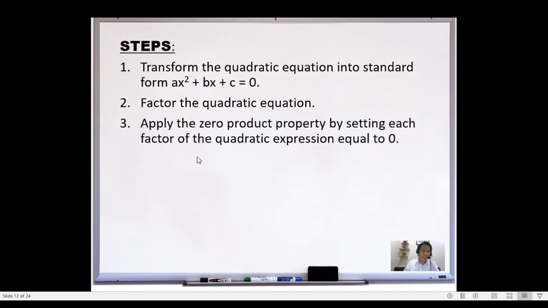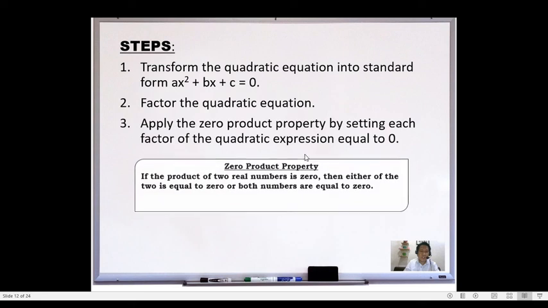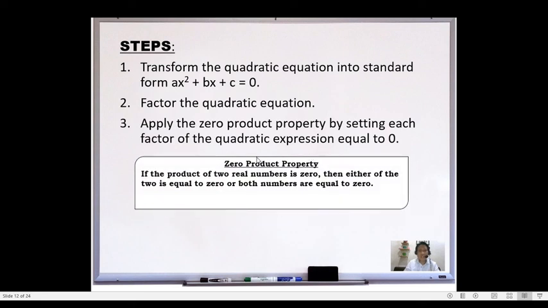The third, we are going to apply what we call the zero product property by setting each factor of the quadratic expression equal to 0. So the zero product property states that if the product of two real numbers is 0, then either of the two is equal to 0 or both numbers are equal to 0.